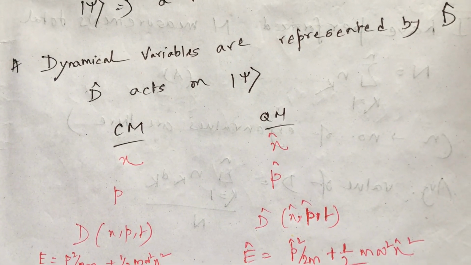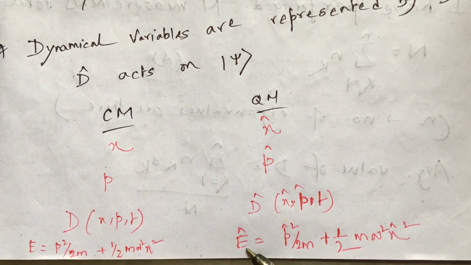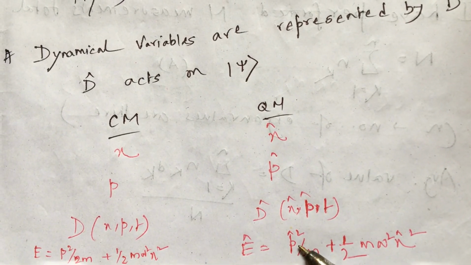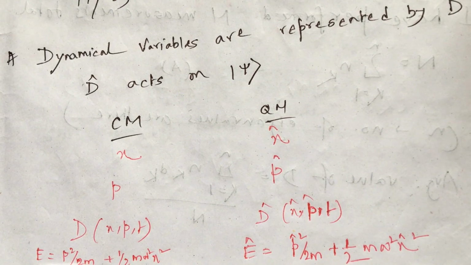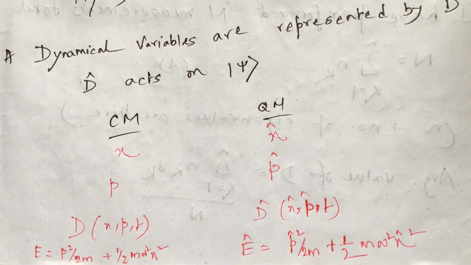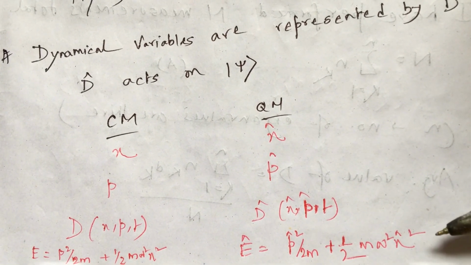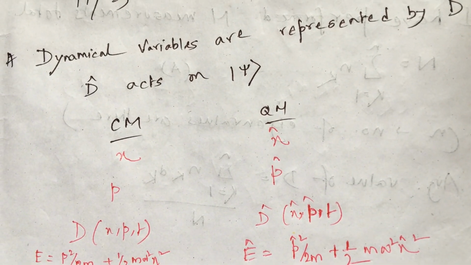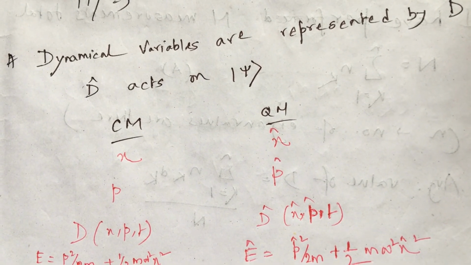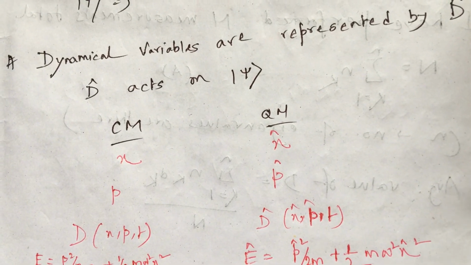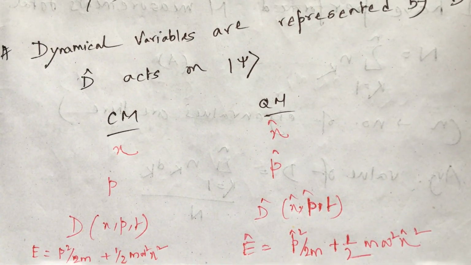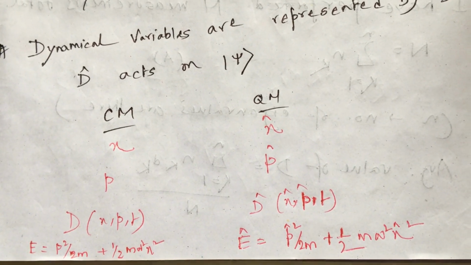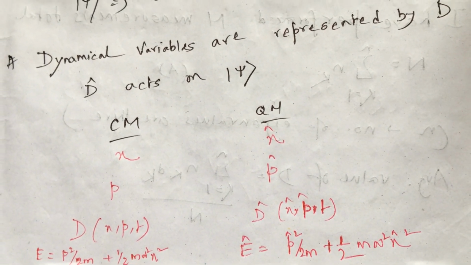So if I need to find the energy value E, first I need to operate this p squared operator on the specific state psi. If I know this, then only will I be able to find the energy value. But uncertainty is there, I am going to discuss it later.